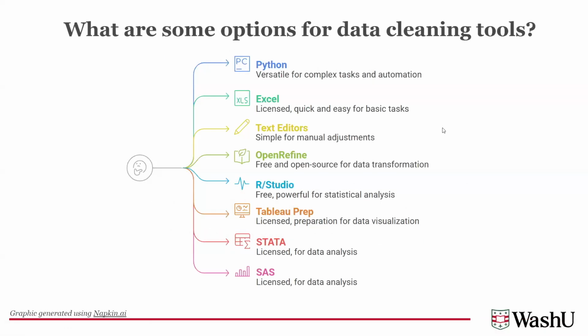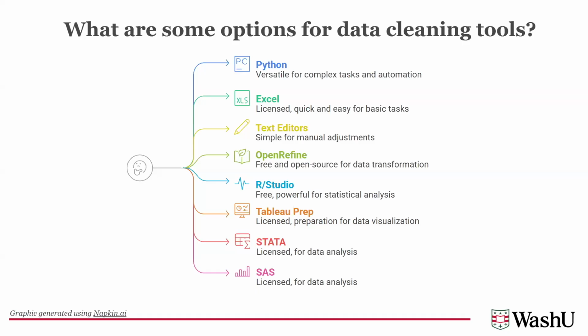But what options do we have for data cleaning? Well, we have a lot, and which one you use kind of depends on your comfort level and the longevity of your work. So today, obviously, we're going to be talking about Python, which is a really versatile scripting language for doing complex processing tasks and automation.